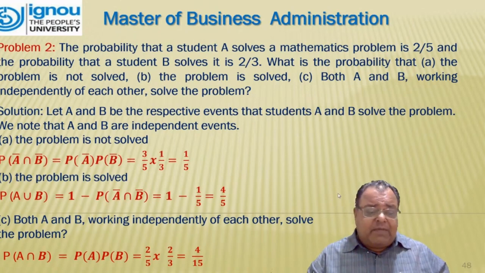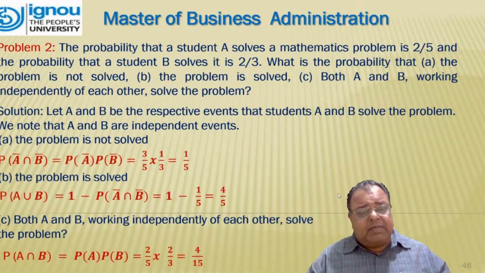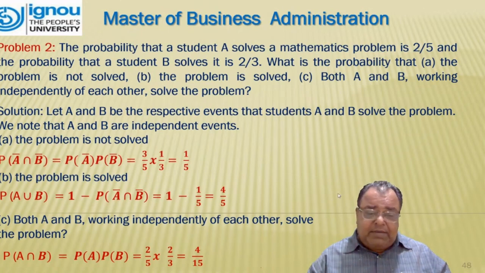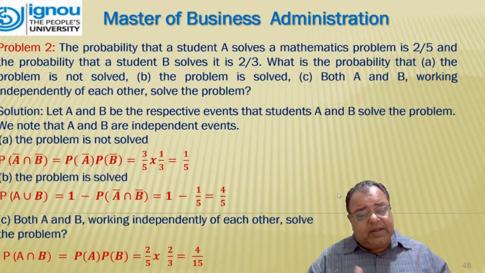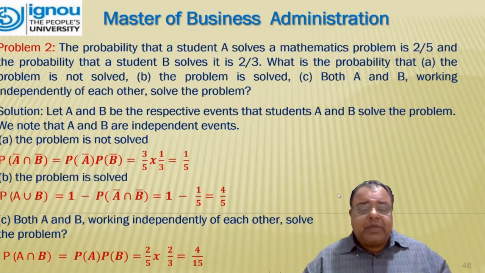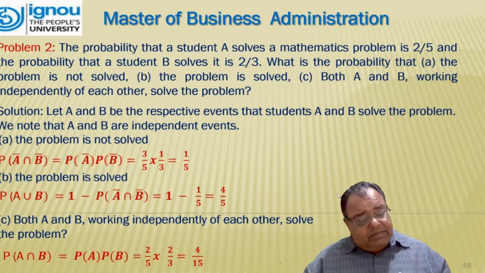Now, first of all, the problem is not solved. That means nobody is in a position to solve the problem, so we multiply PA bar into PB bar. PA bar is 3 by 5 and PB bar is 1 by 3. On multiplication, we get 1 by 5. Second, the problem is solved. The methodology is very simple.